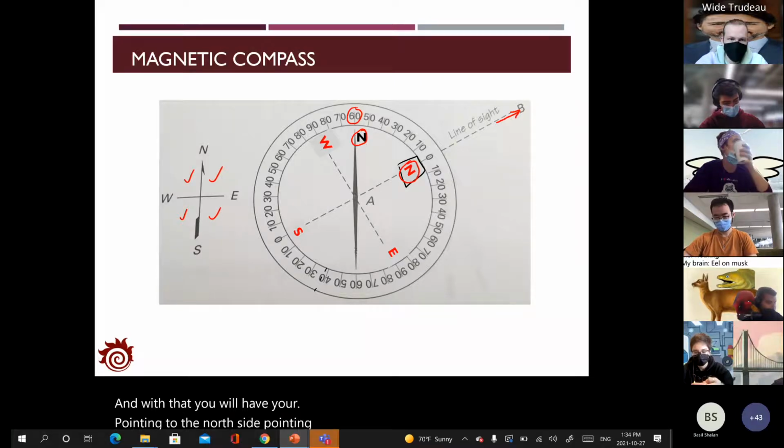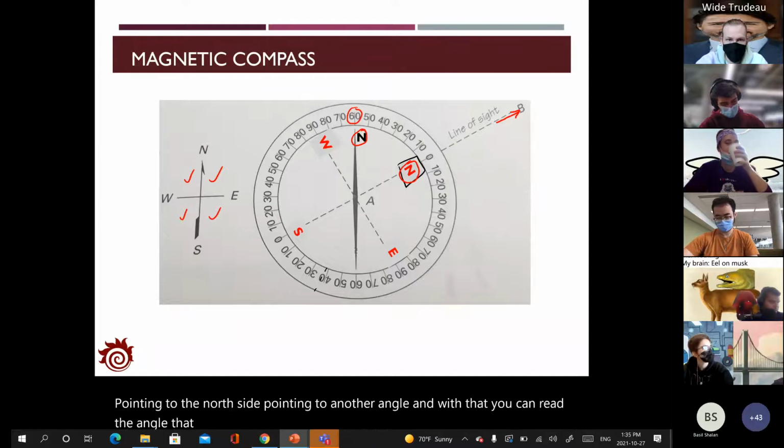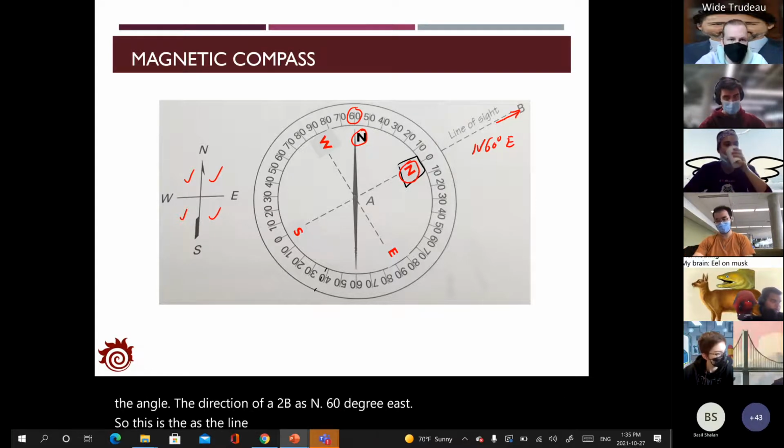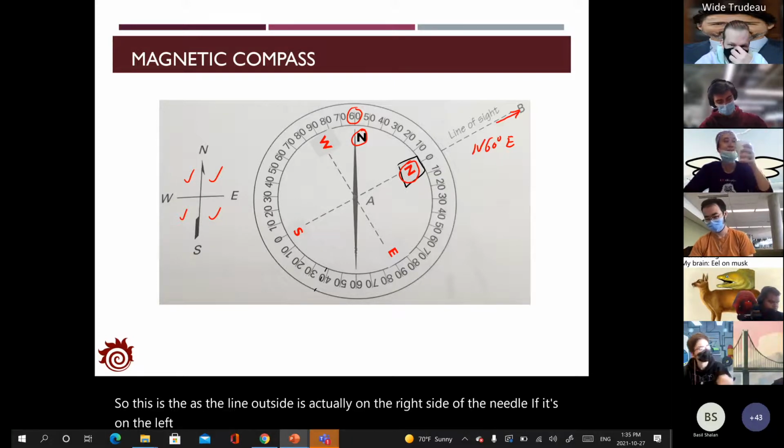And with that, you can read the direction of A to B as north 60 degree east. This is as the line of sight is on the right side of the needle. If it's on the left side, that will be north something west.